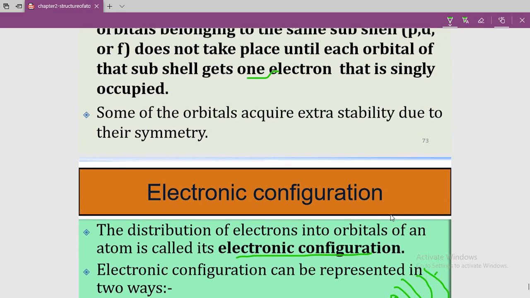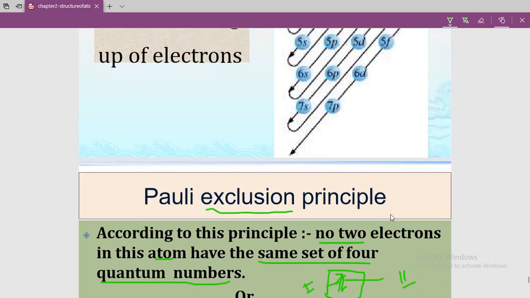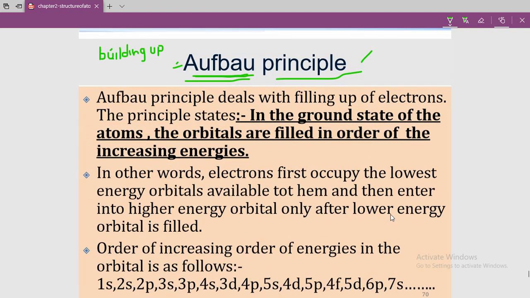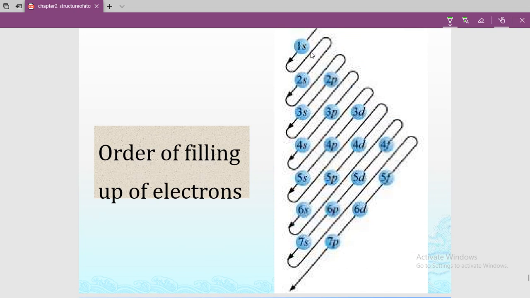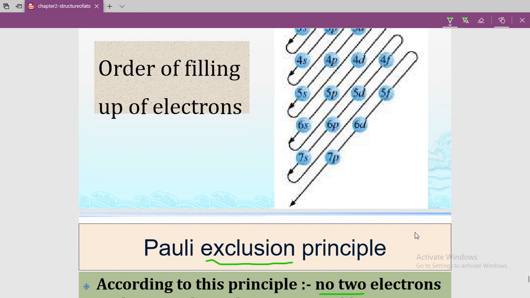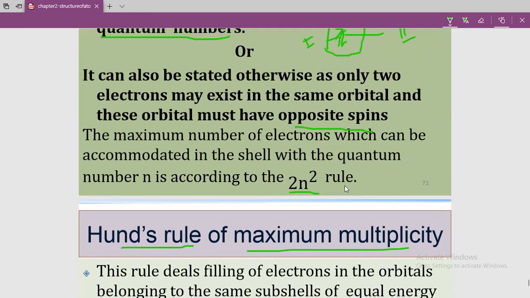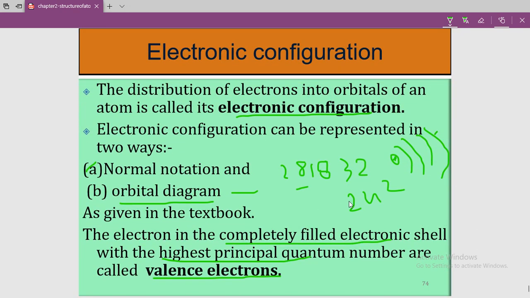You have to remember these three laws: one is the Hund's rule, Aufbau principle, and Pauli. Electrons are filled in this 2, 2, here is 6, 2, 6, 10, in this 2, 6, 10 and 14. This way electrons are filled. Okay, this one is the diagram notation. Now I have completed this session.